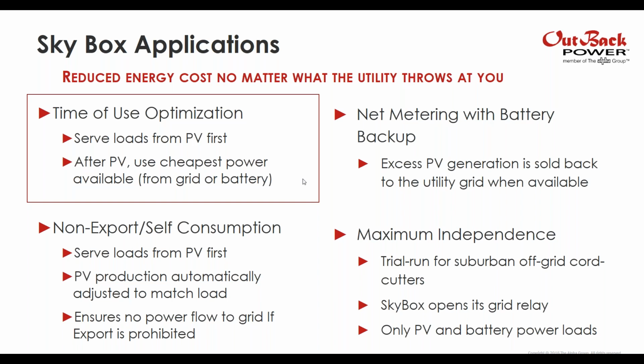Okay, with time of use energy optimization, SkyBox will serve loads from PV first, and then after PV, if there is insufficient PV to power remaining loads, SkyBox will use the cheapest power source available, be that from the grid or from battery.